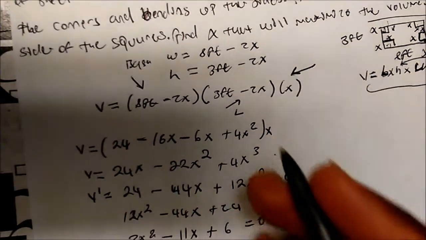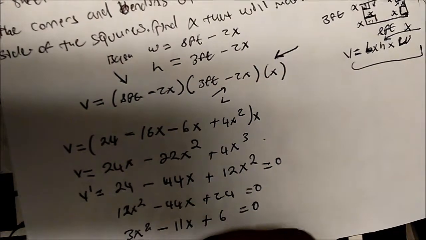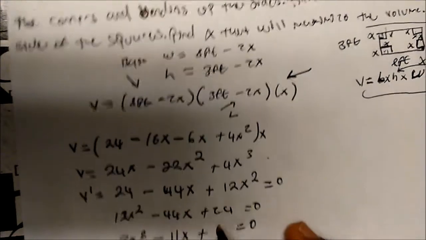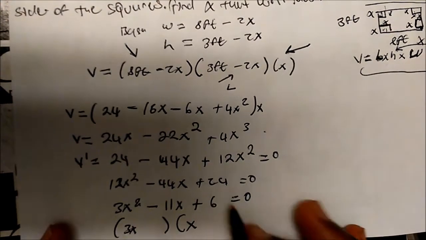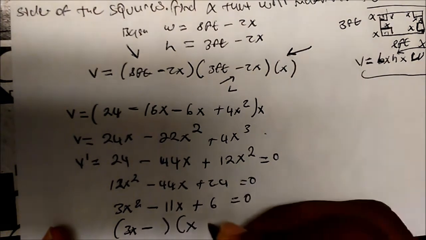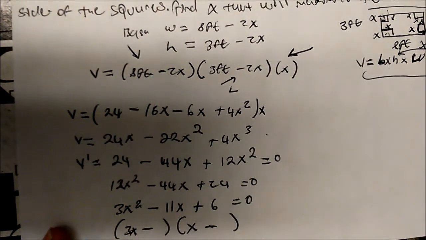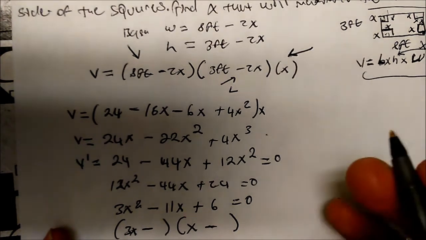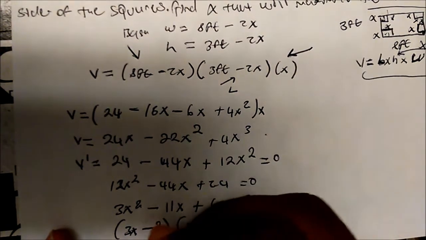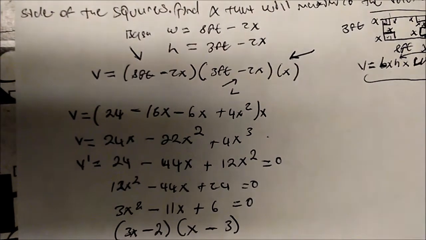So again, this will probably factor into 3x. We have a 3x over here, we have an x over here, right? And this all just comes down to simple algebra. So my factors should be same signs, 3, 1. All right, so this would be 3 and 2, right? All right, 3 times 2, 3 times 1.